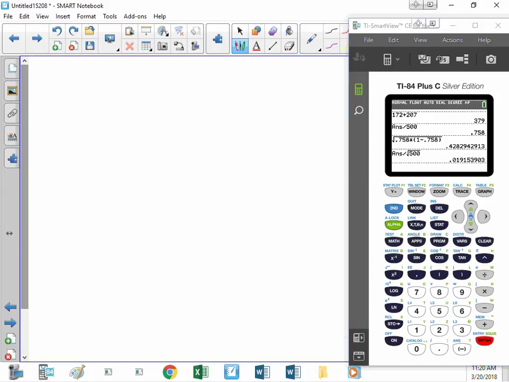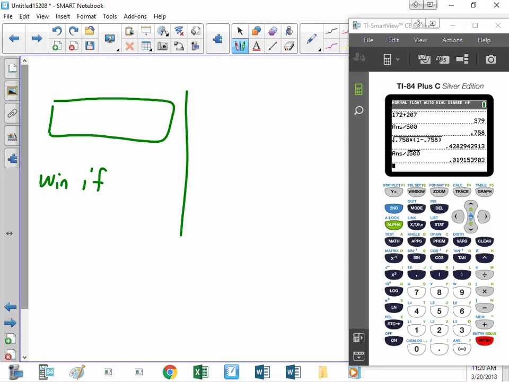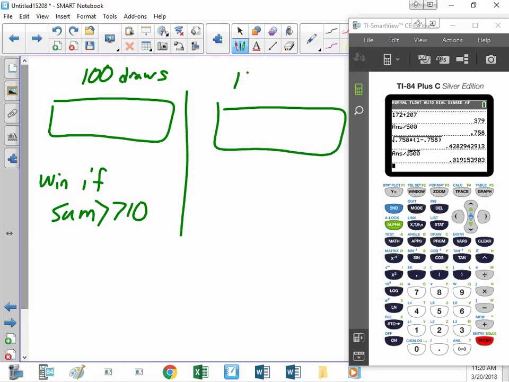So let's look at our 2 boxes. In the first, you win if the sum is greater than 710. How many draws are we making? 100 draws. In the second box, we're also going to take 100 draws, and you win if the average is greater than 7.1.